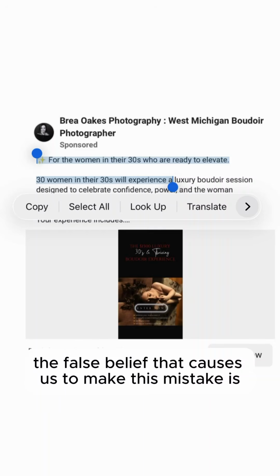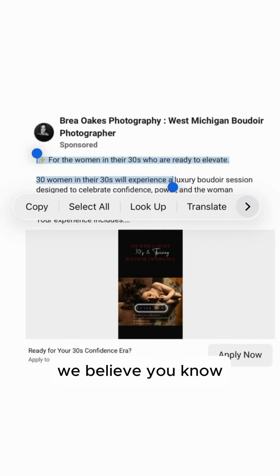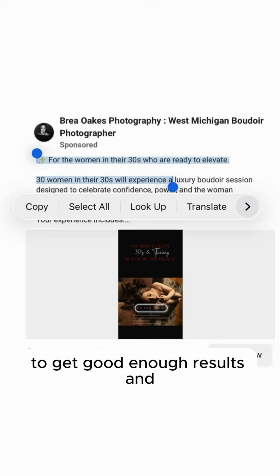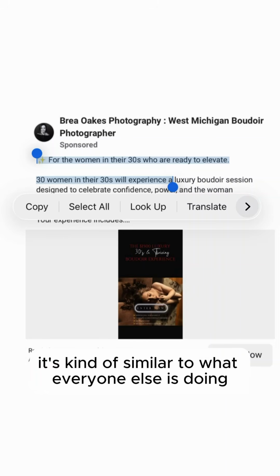The false belief that causes us to make this mistake is we believe we've provided a good enough headline to get good enough results, and it's kind of similar to what everyone else is doing.